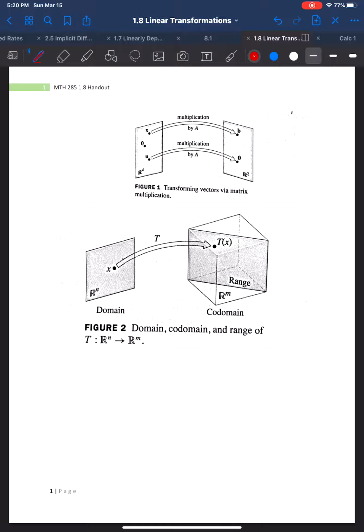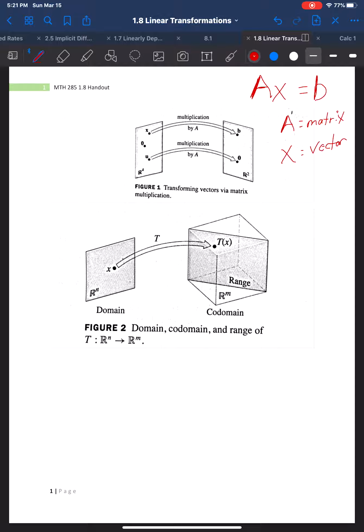The main objective is how do we think about Ax plus b, where A is some matrix and x is some vector.